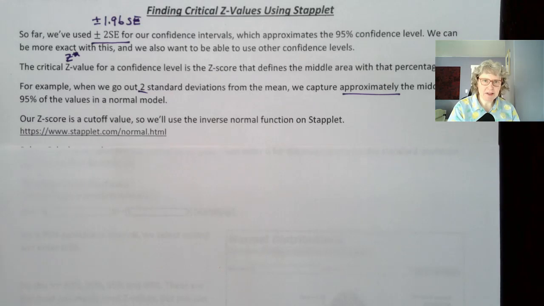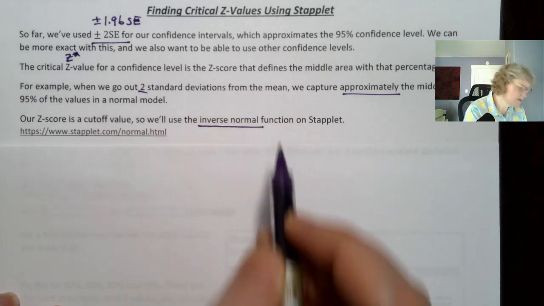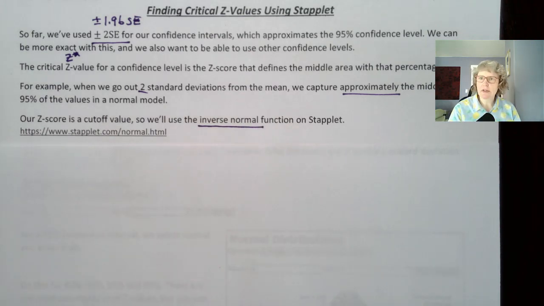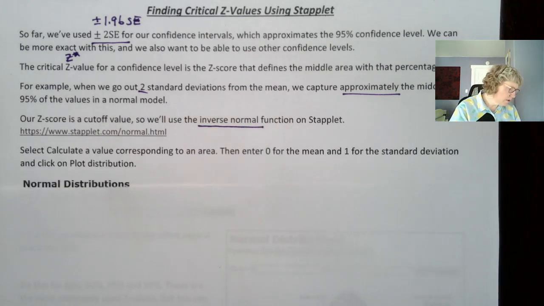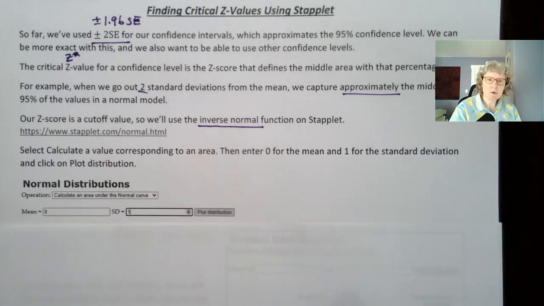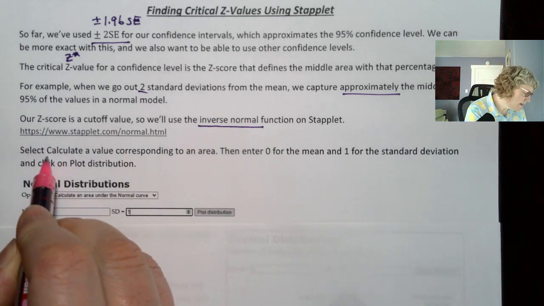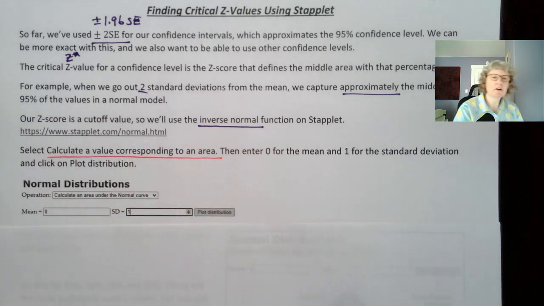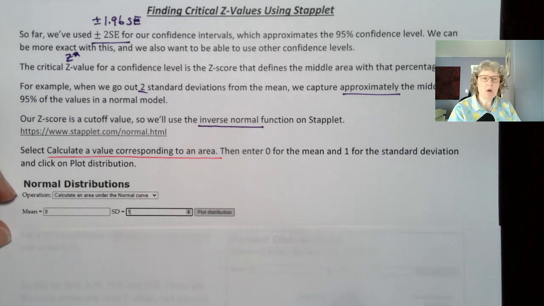So we're going to use Stapplet, and we're going to use the inverse normal because that is what does the cutoff values. So let's go over to Stapplet. I have the instructions on the notes here for you. Actually, let's just go through what we're going to do, and then we'll do it. So we're going to select calculate a value corresponding to an area. That's at the top here. It's a little screenshot. At the top, there's 2 options under operation. The first one is an area, which is a probability. We want the second one, which is calculate a value.